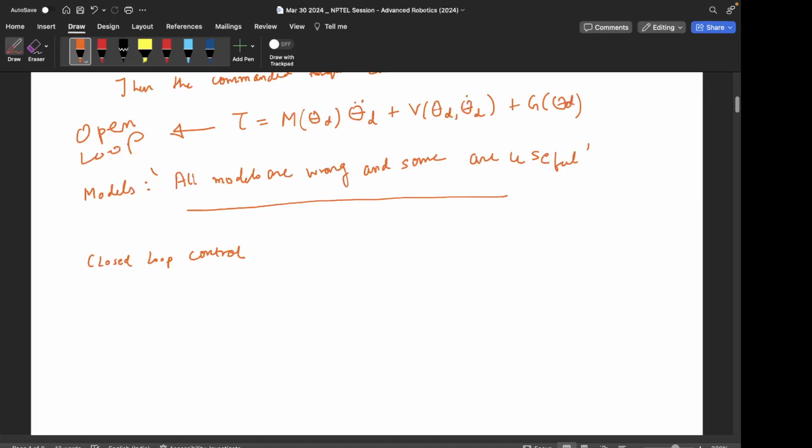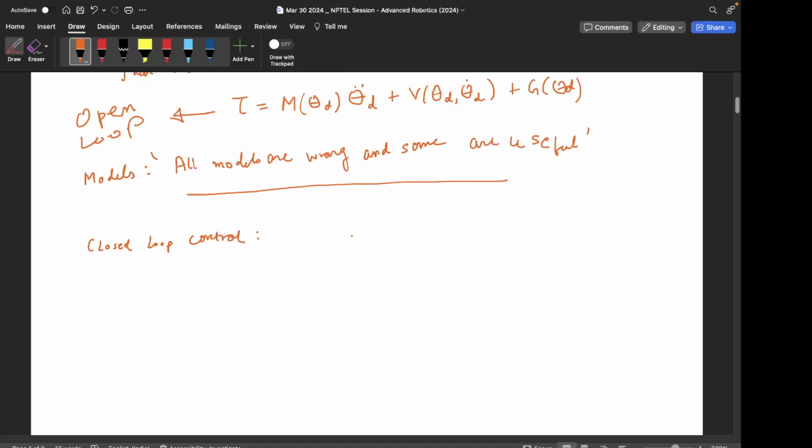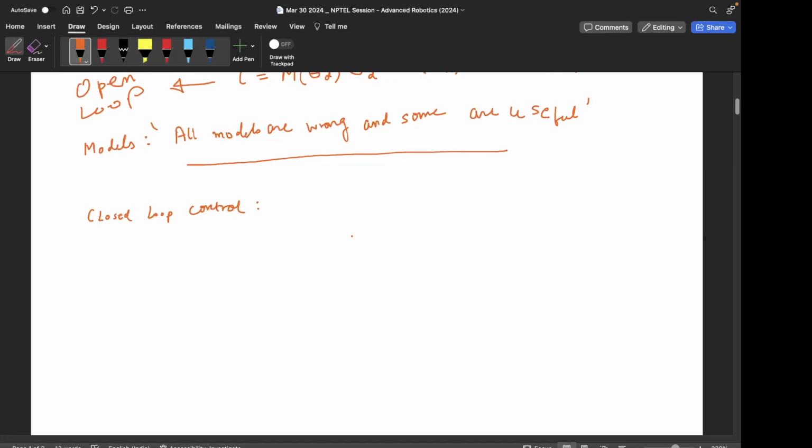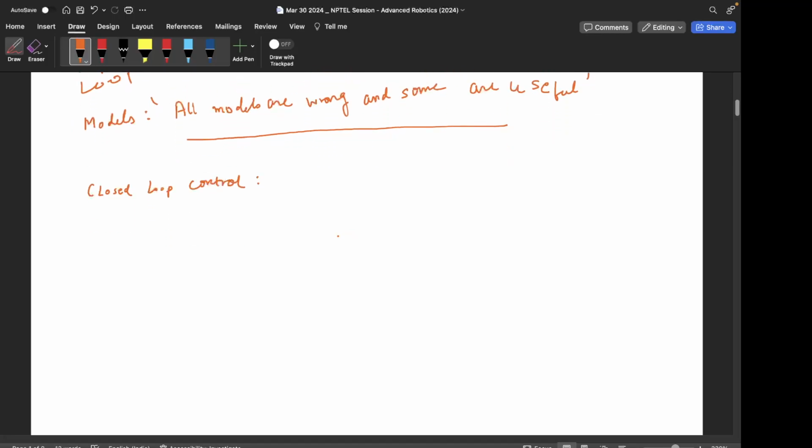We'll see closed loop control and use our example of second order systems to derive a few control laws and see how they perform. So what's the goal here? The goal is to drive the error to zero.